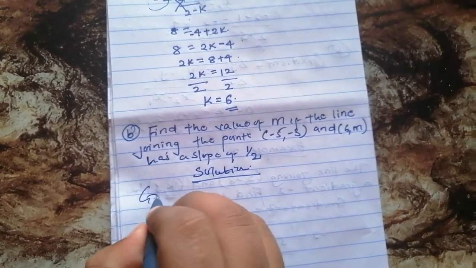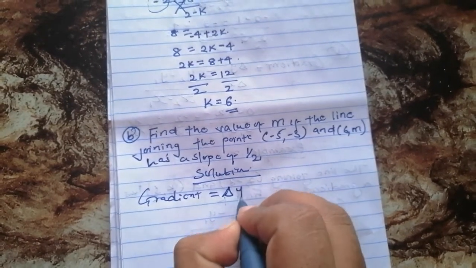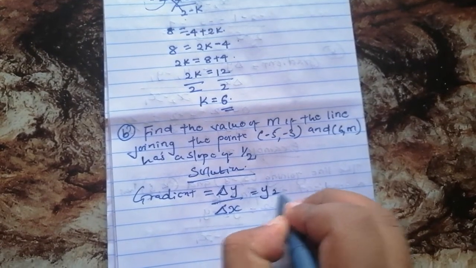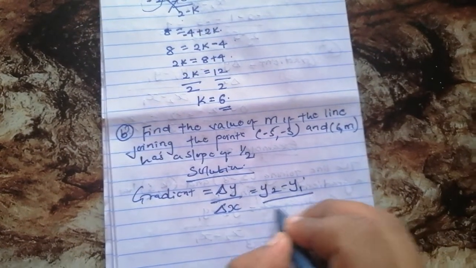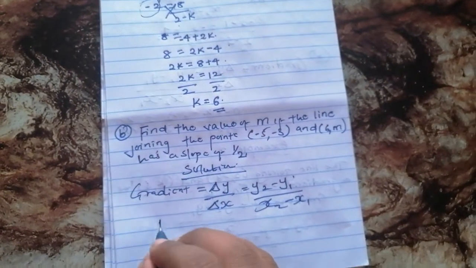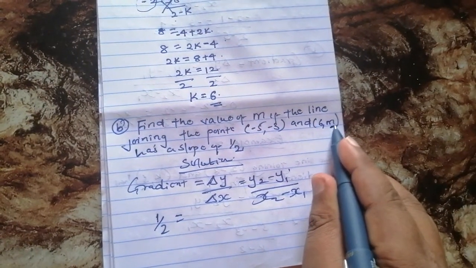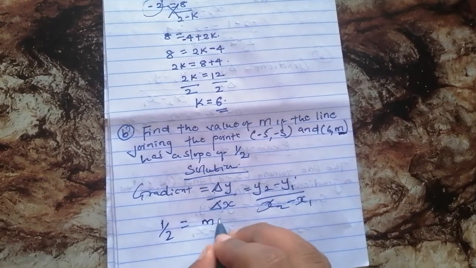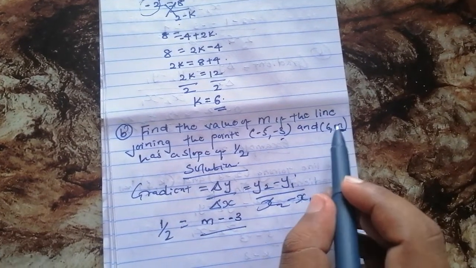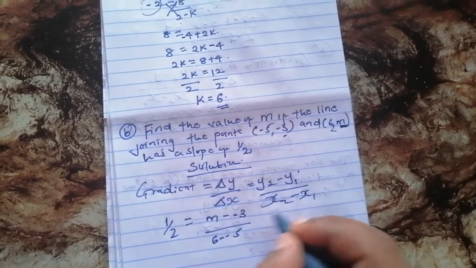Then solution. Always have in mind gradient equals change in y over change in x. This is the same as y2 minus y1 over x2 minus x1. So our gradient here is a half. Then our y2 is m minus our y1, -3, over our x2, which is 6 minus -5.